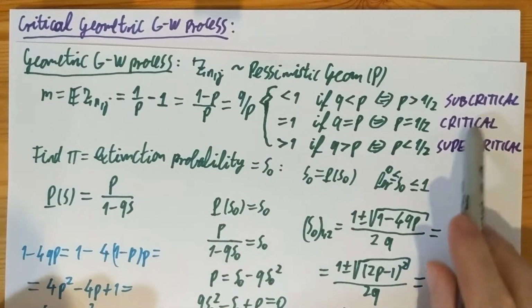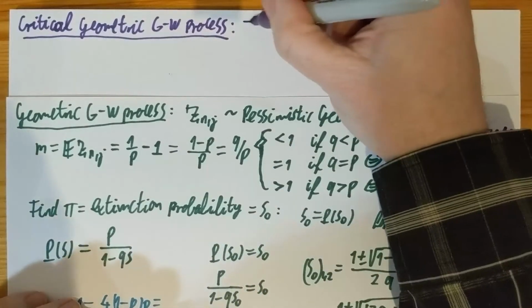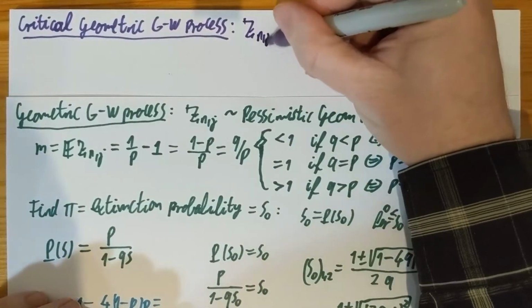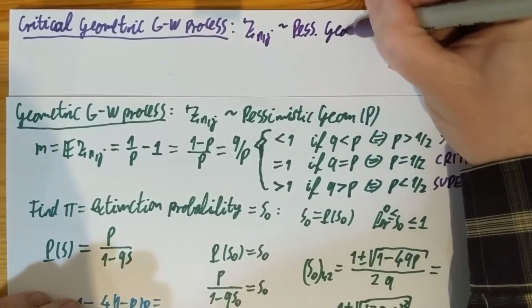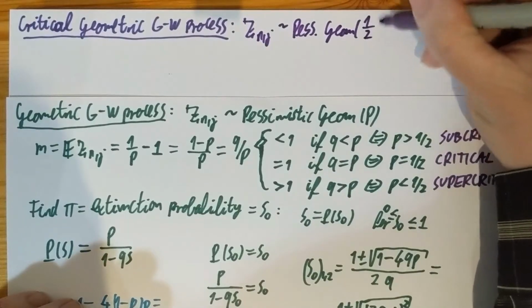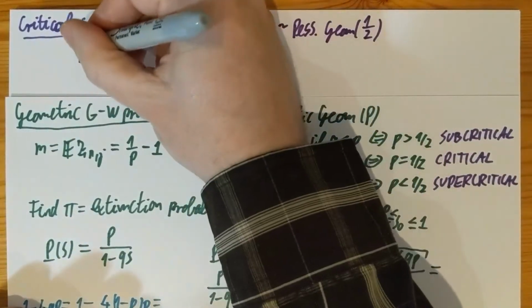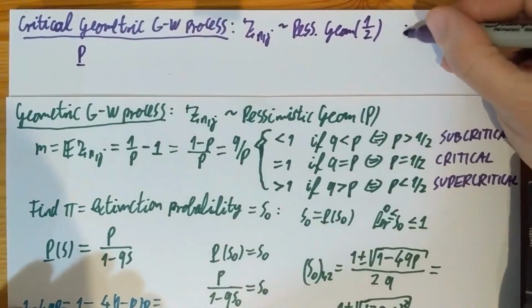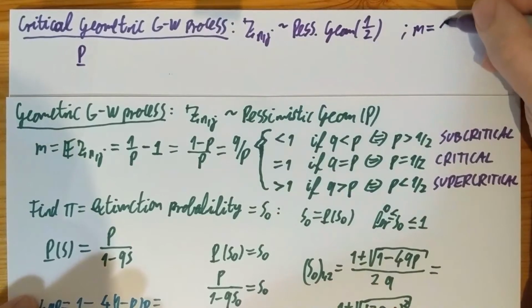Now I want to concentrate on the critical situation. So Z of N j is pessimistic geometric of exactly the critical probability 1/2. And remember the generating function, so that in particular implies that m is Q over P, which is 1/2 over 1/2, which is 1.